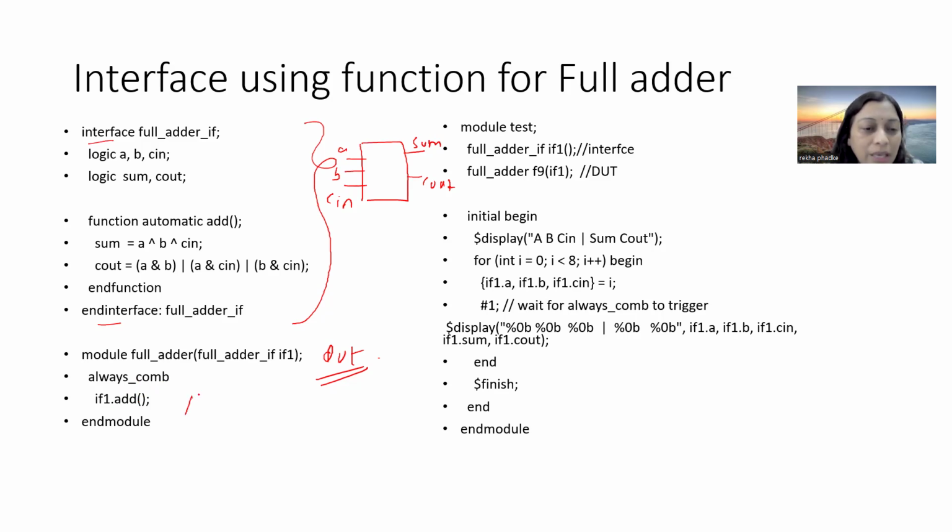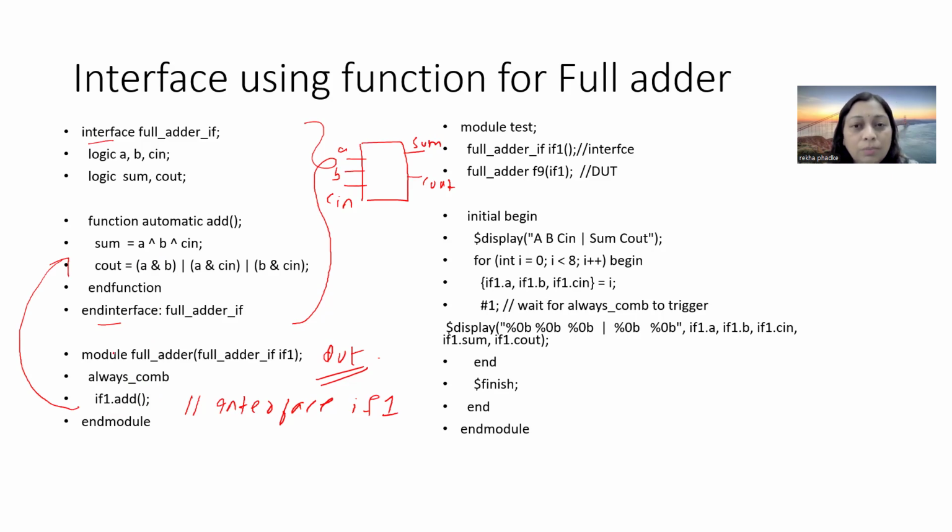Now what is this? if1 is nothing but the interface instance name, which is calling .add. Add is nothing but a function inside the interface. So this in turn will call this function, and evaluation of sum and cout happens here. So this is how the DUT is written. The DUT is getting linked to the interface.